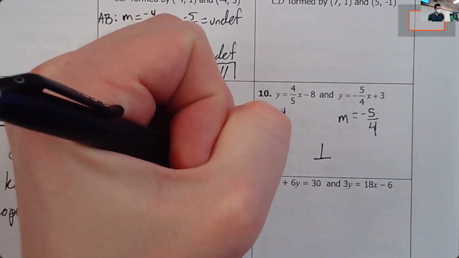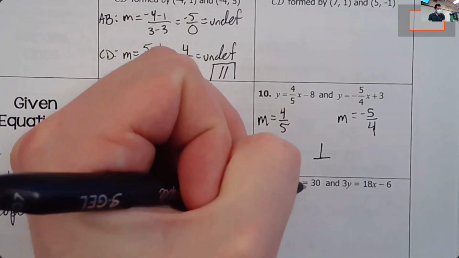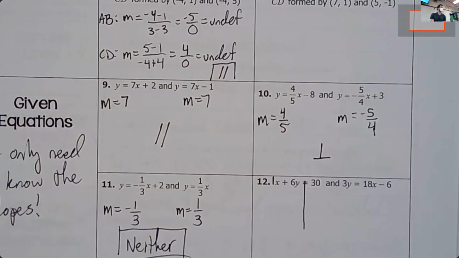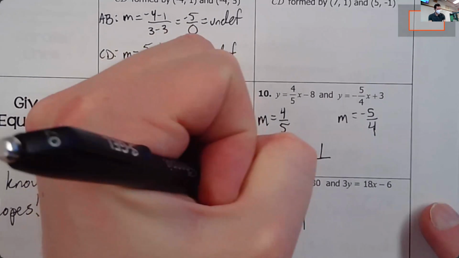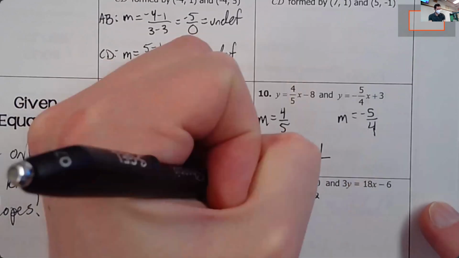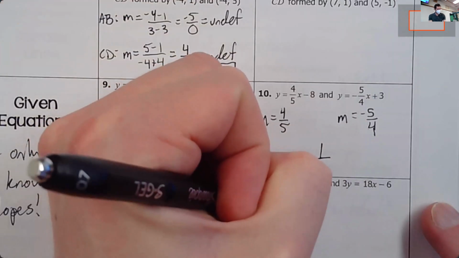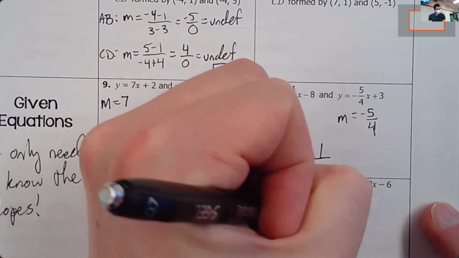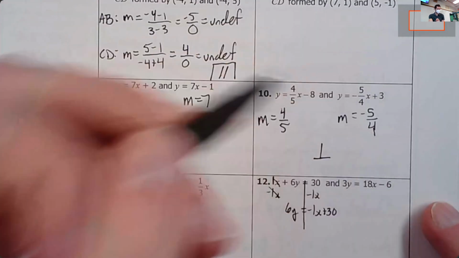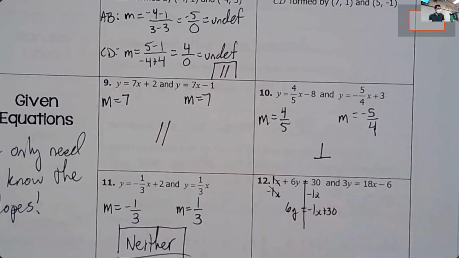So this first one is in standard form. So here we go, a little bit of algebra to do. Hopefully this looks familiar because we did this on Friday during our review. We have to get y by itself, which means that there's a little bit of algebra. So we need to subtract our 1x from both sides. And that will be 6y equals -1x plus 30. And I know it's going to be a little bit tight to do the work on the other side.